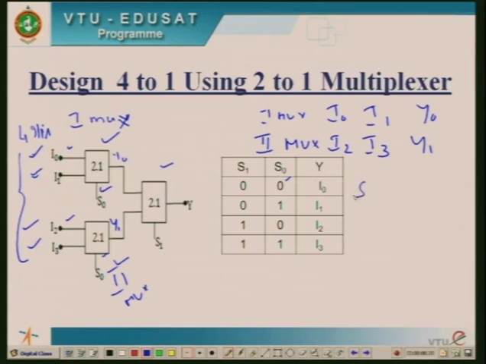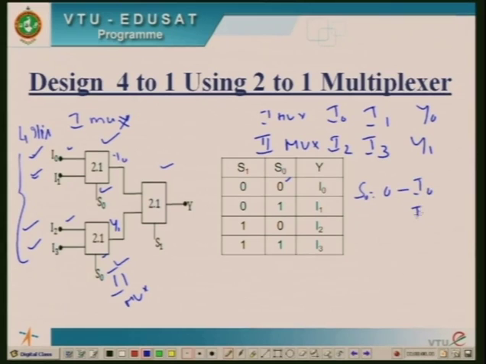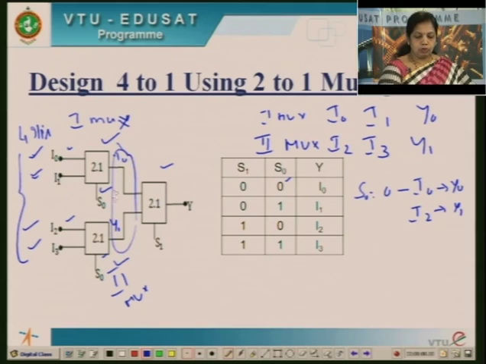So when S0 is 0, you will get I0 and I2 at y0 and y1. So here in this stage you have once again 2 outputs generated from this 2:1 mux.